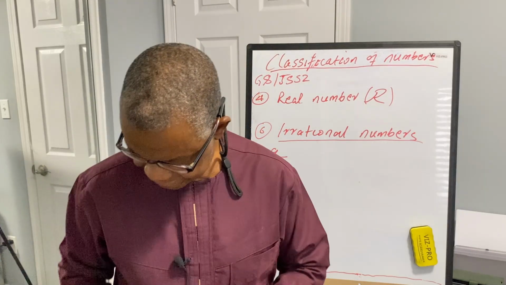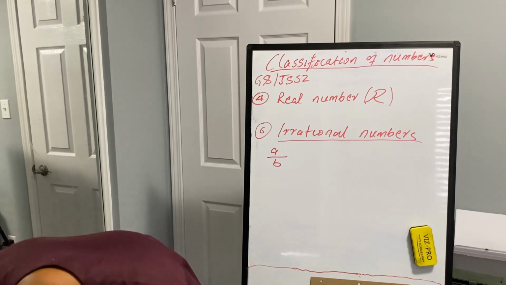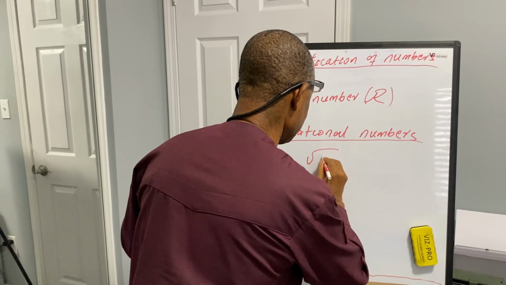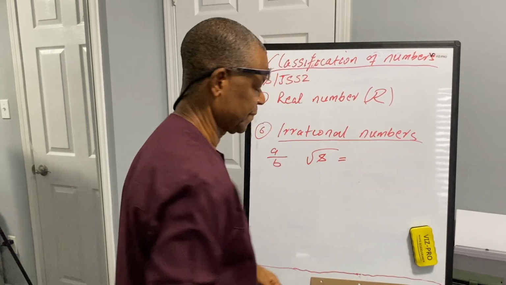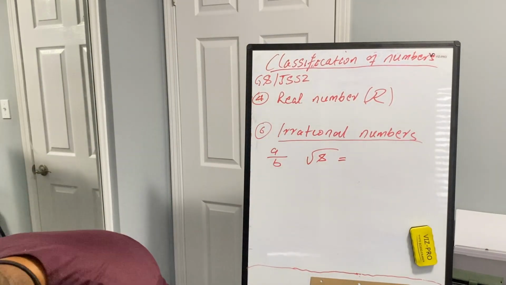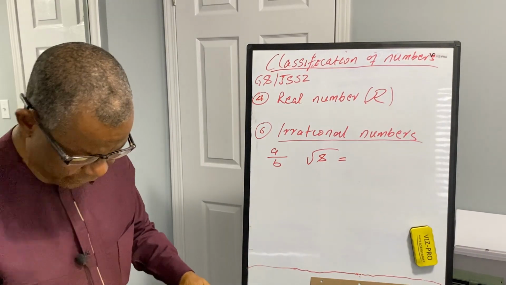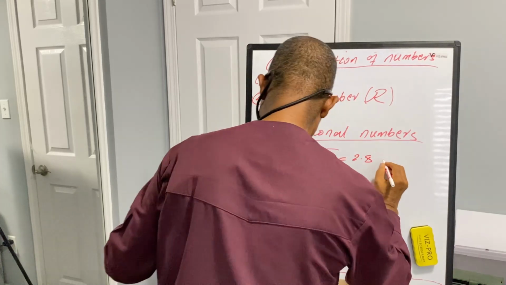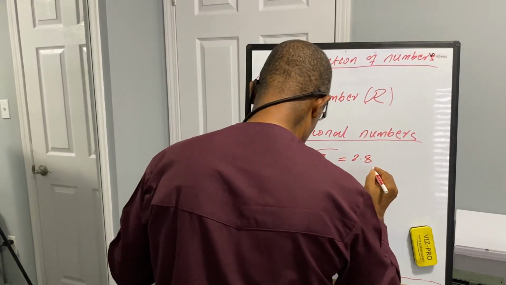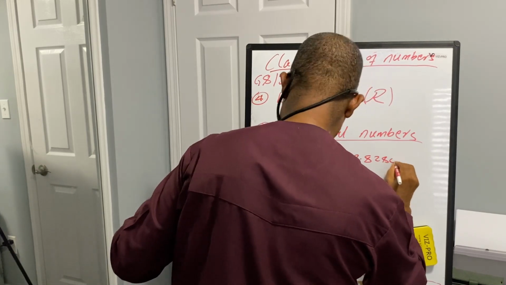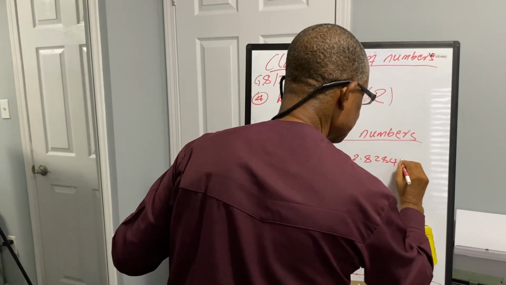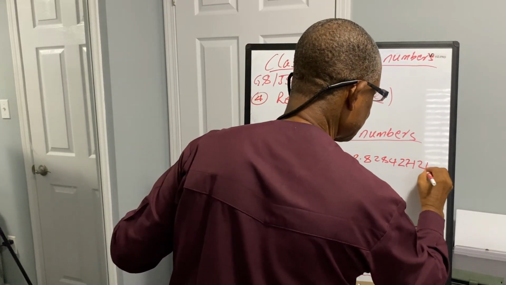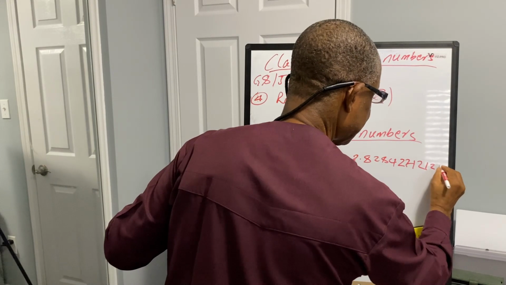Let's use this very example of these irrational numbers. Something like the square root of 8 we mentioned some time ago. If you are finding the square root of this, this is the value it will give you endlessly: 2.8, and it continues, 84, non-stop, 2712, non-stop, 1249.